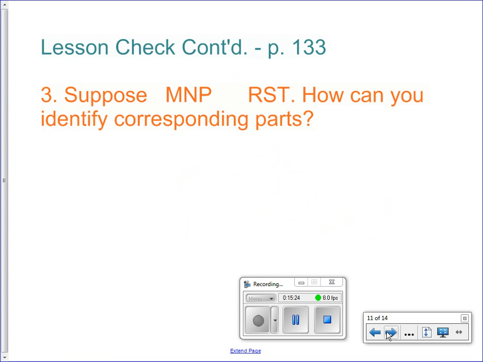Number 13. Suppose triangle MNP is similar to triangle RST. How can you identify corresponding parts? All right, well, let's start at the beginning.